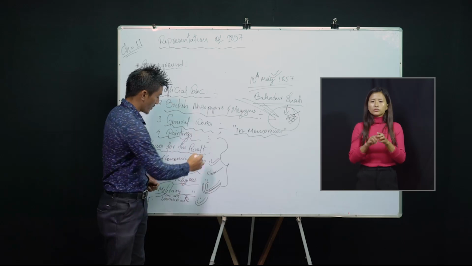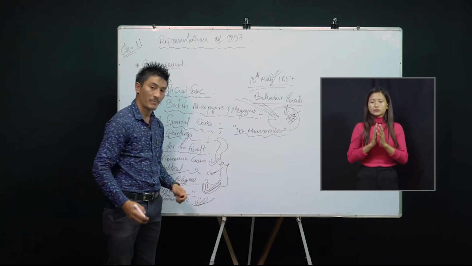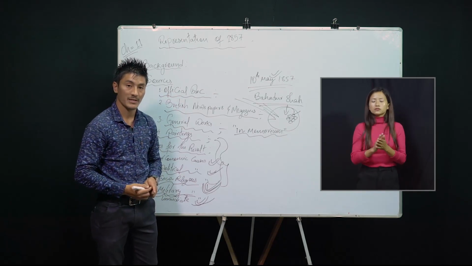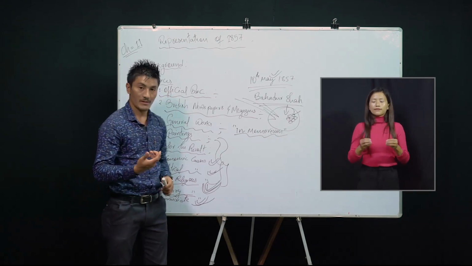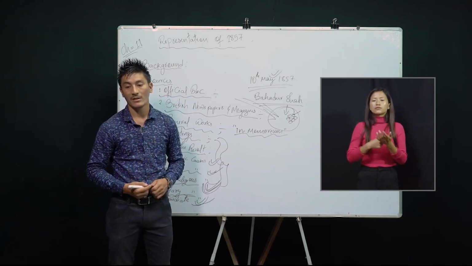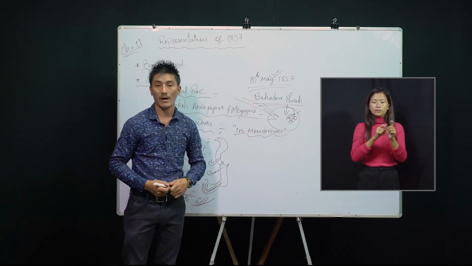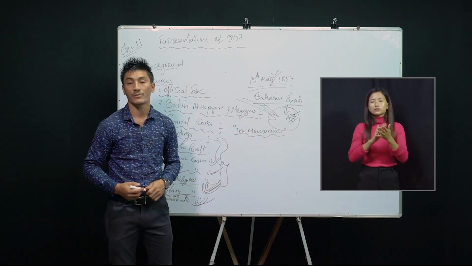Finally, with all these combined factors, the immediate cause was created by the introduction of greased cartridges. The fire was triggered, and it led to the revolt of 1857 on 10th May 1857 under the leadership of Bahadur Shah Zafar or Bahadur Shah.